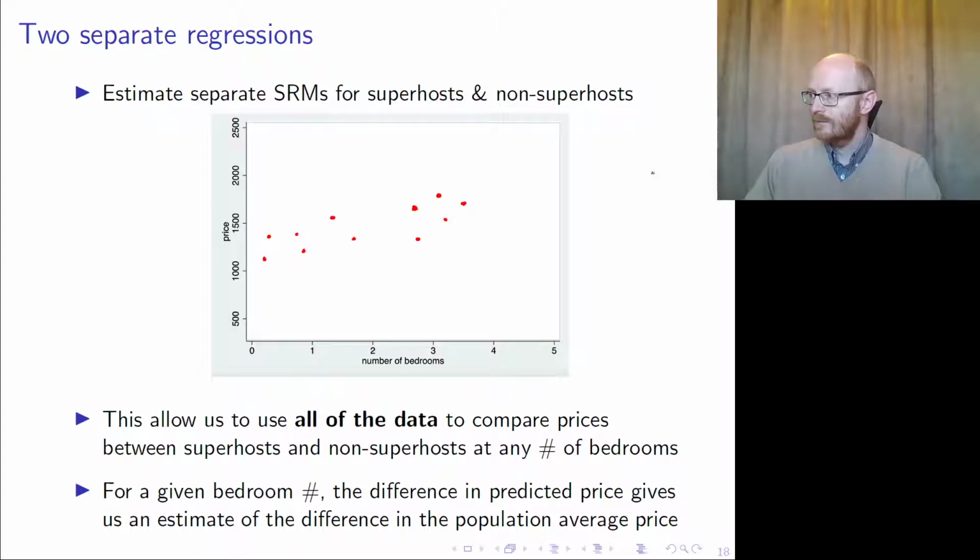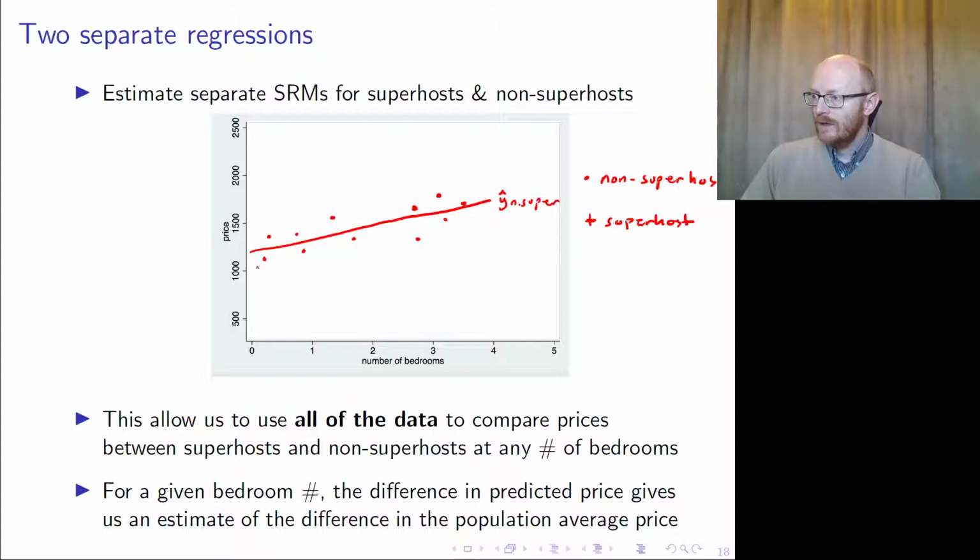We have some data for the non-superhosts, and we draw the regression line, and this is the y hat for non-superhosts.